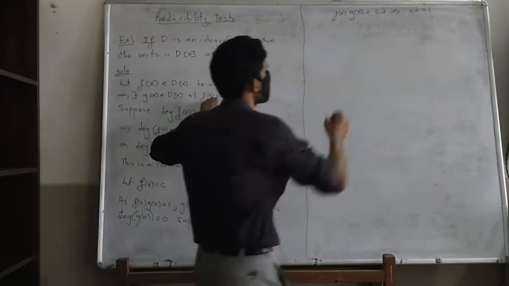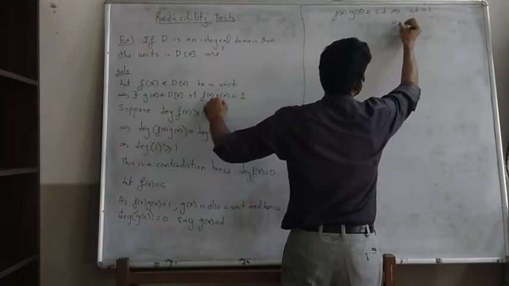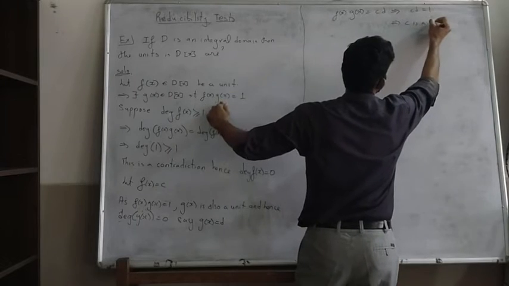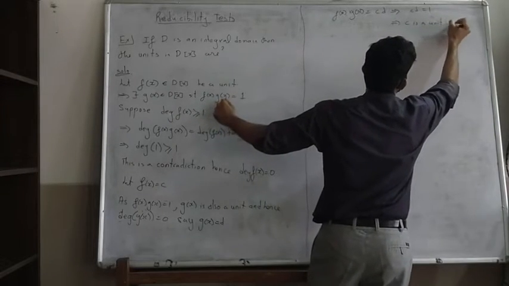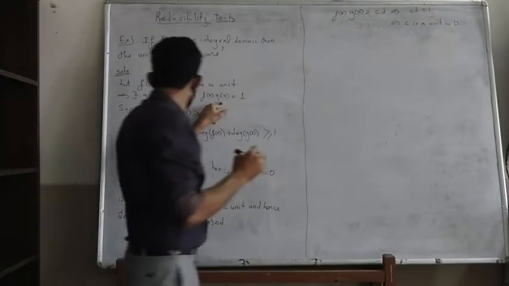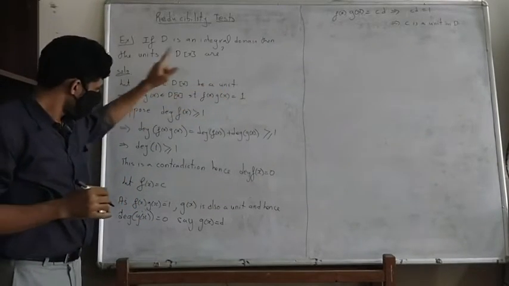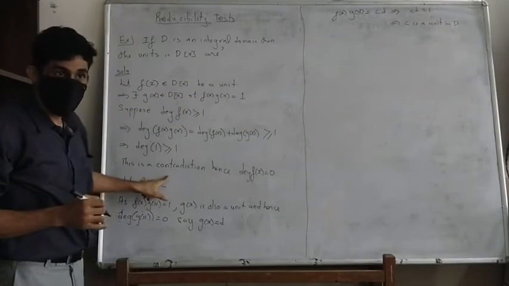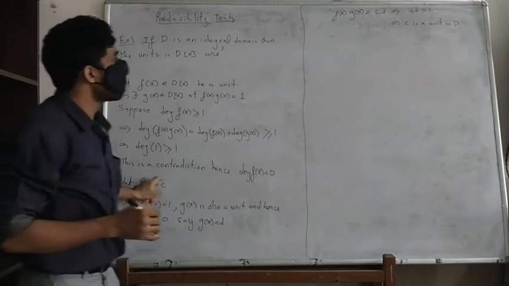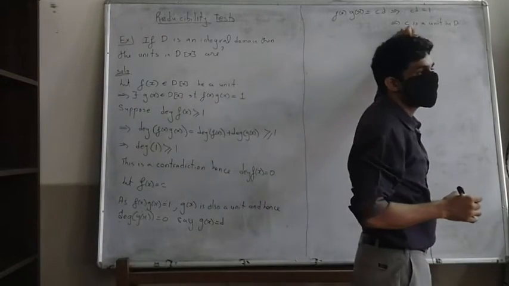So what does this tell me? That C is a unit in D. So what we have shown is that if f is a unit, then it is a constant polynomial, and the constant is a unit in D.